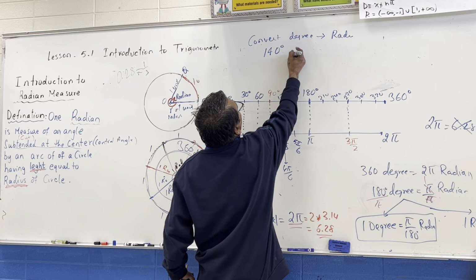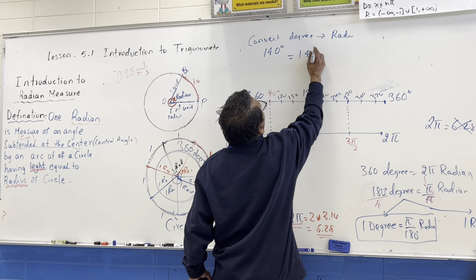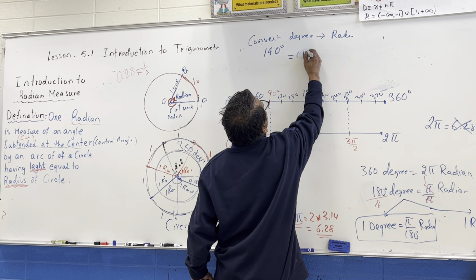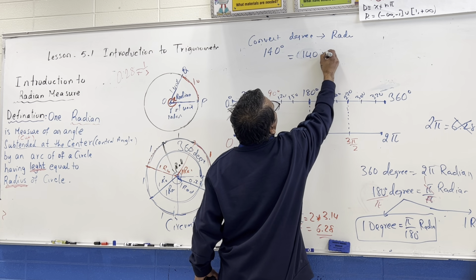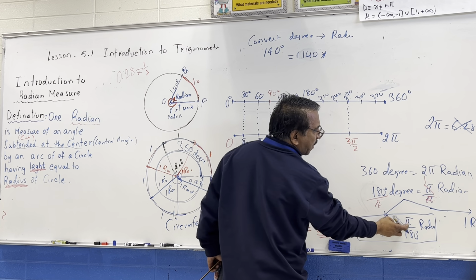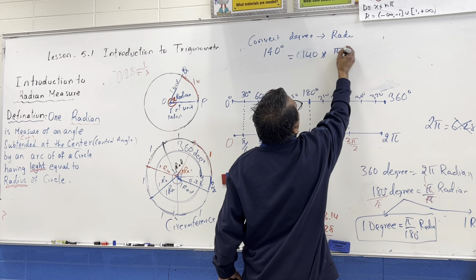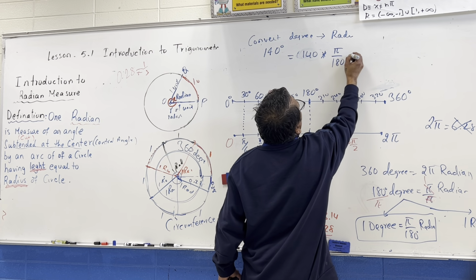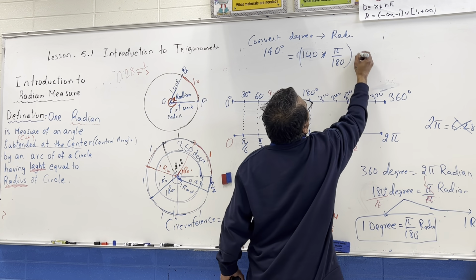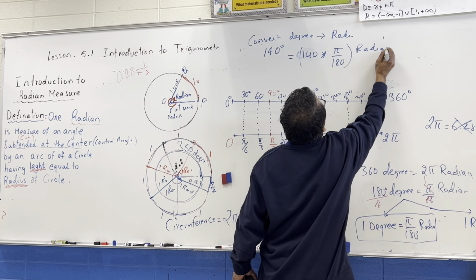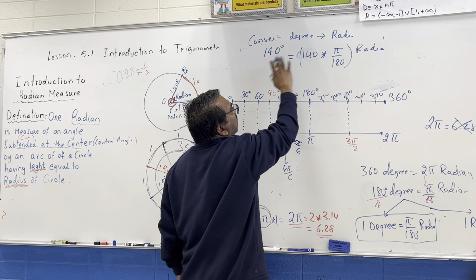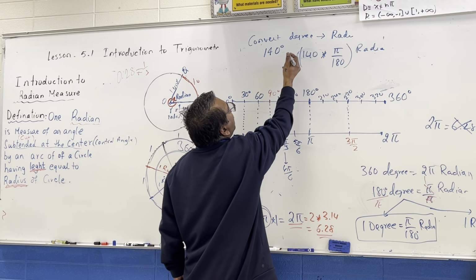If I want to convert this, I have to write 140 degrees times pi over 180, and this whole thing will be in radians, right? So converting from degrees to radians, we multiply. That's an easy way to remember.